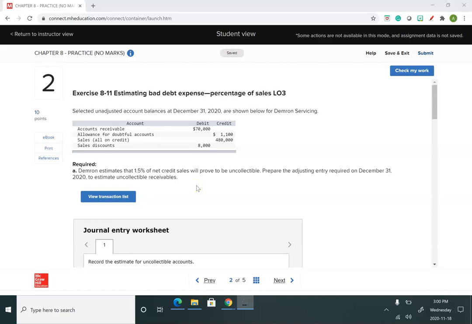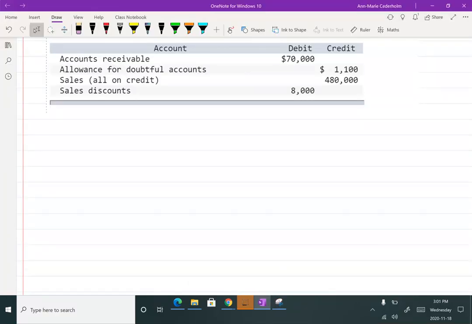Prepare the adjusting entry required on December 31st, 2020 to estimate uncollectible receivables. So I'll show you how to calculate that 1.5% net credit sales figure. So what we'll do is we'll take our sales on credit of 480 and then subtract your sales discounts.